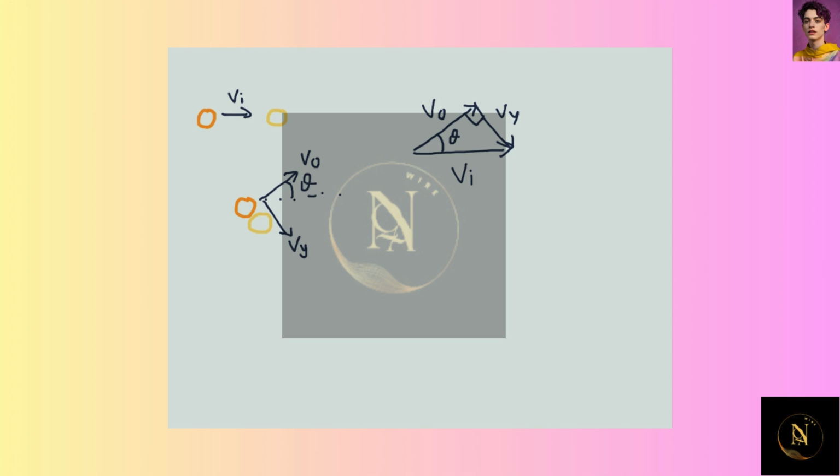So, let's find Vy and Vo by using trigonometry. Sine of theta is equal to Vy over Vi. So by simply rearranging this, we can see that Vy is equal to Vi sine of theta.